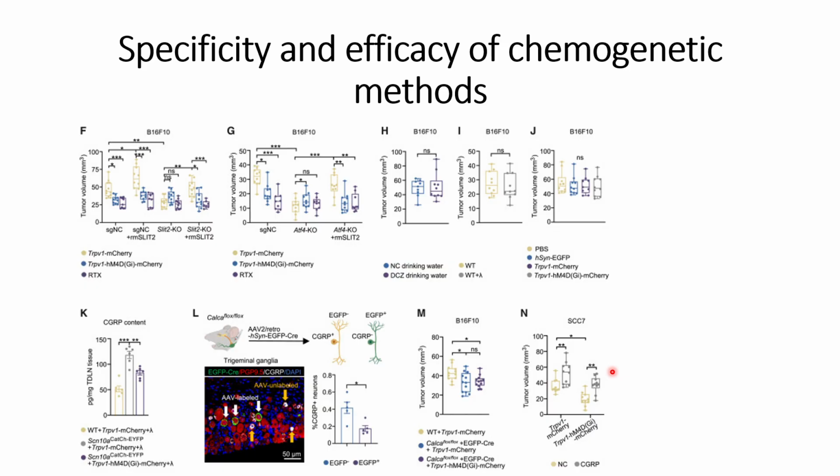High CGRP shows more increased tumor volume because CGRP upregulation is directly related to tumor progression. So artificial injection of CGRP causes more tumor growth compared to the control case. This is how they checked the specificities and the efficacies of the chemogenetic method.